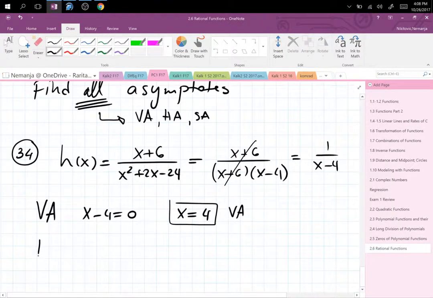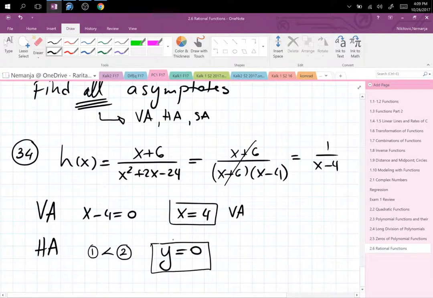How about the horizontal asymptote? Y equals 0. The degree in the numerator is 1, which is less than the degree in the denominator, which is 2. So P less than Q, we have y equals 0.